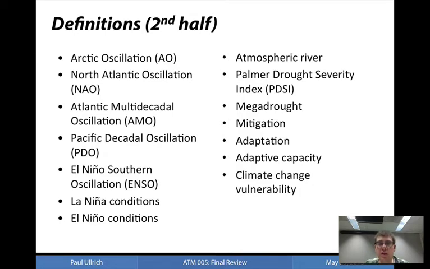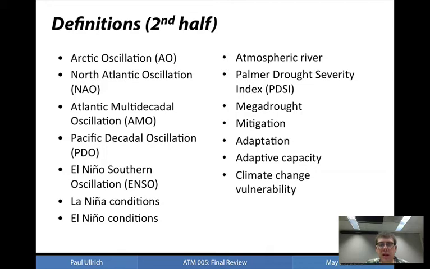That is, during the positive sea surface temperature phase of the Atlantic Multidecadal Oscillation, we observe stronger tropical cyclones in the Atlantic Basin, as well as wetter conditions in Florida and along the U.S. southeast coast.